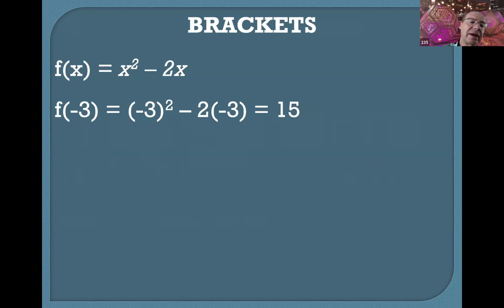On the left, f(-3) really means find the value of the expression, find the output of the expression when the input to the expression is -3. That's what the brackets mean. That's not what it means on the right-hand side. On the right-hand side, it means multiply. So that's the first case.